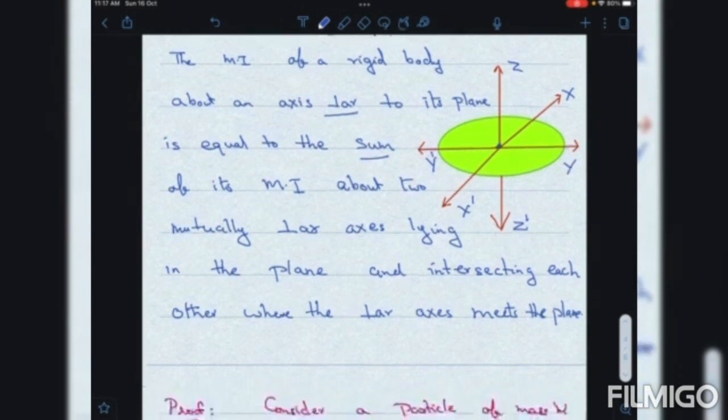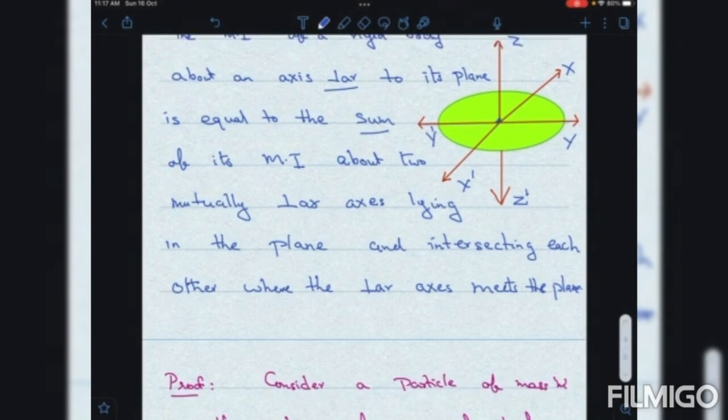So we can write, about the z axis, Iz is equal to the sum of the moments of inertia about the two mutually perpendicular axes. Suppose Ix is the moment of inertia about the x axis and Iy is the moment of inertia about the y axis. Then you can write Iz is equal to Ix plus Iy.